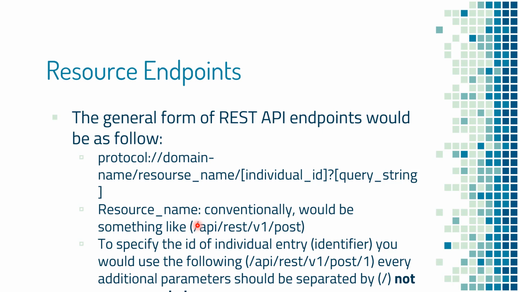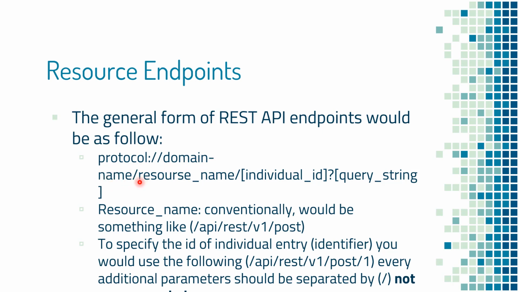So the general form of REST API endpoints would be as follows. Usually we'll go with protocol, either HTTP or HTTPS, or any other web protocols. But as I said, the most common protocols used with REST API are HTTP and HTTPS. Then the domain name, let's say uncc.edu.